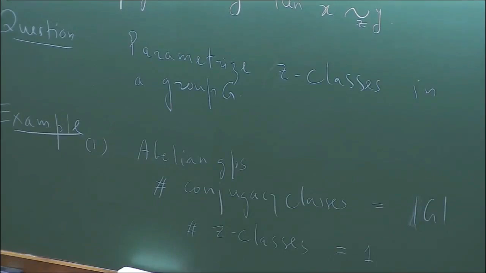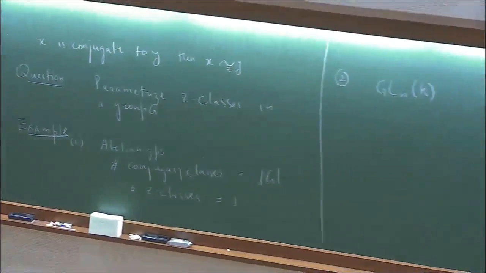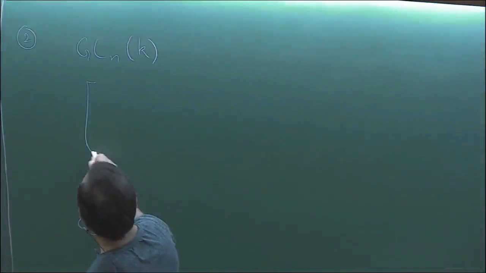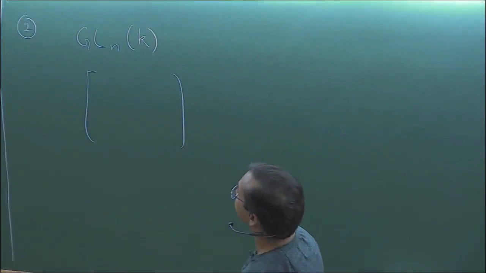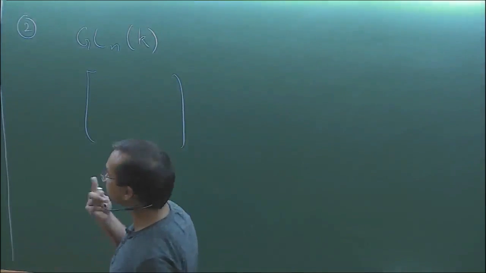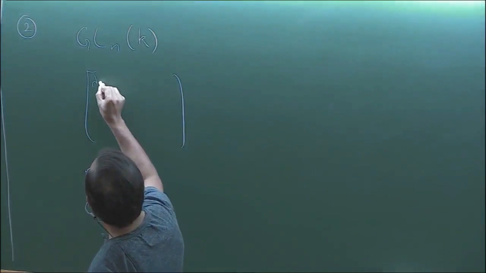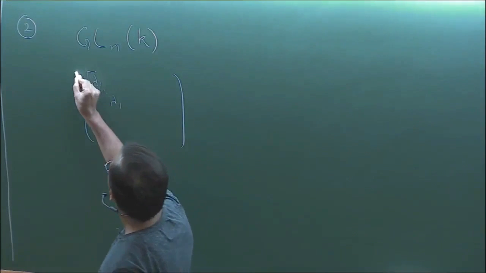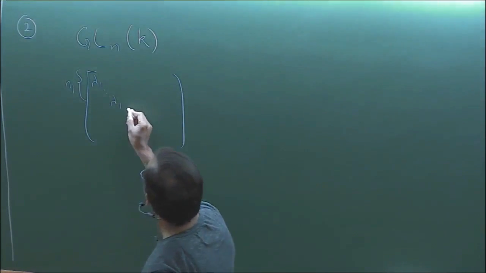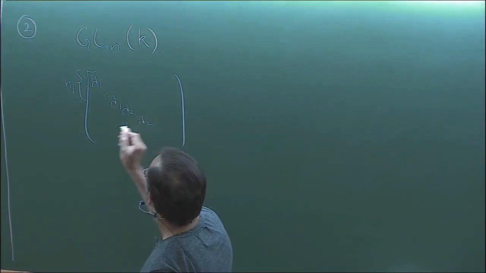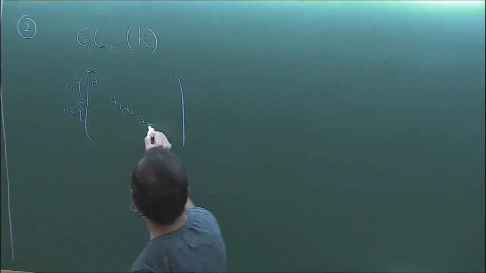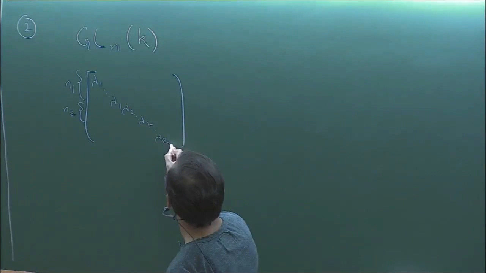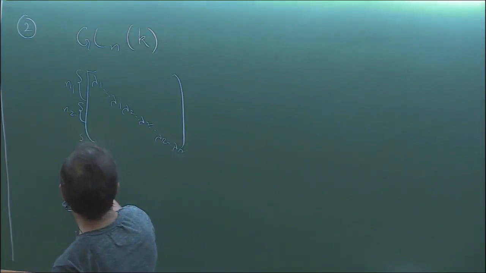Another interesting example to keep in mind: let's look at GL_n(K), and only certain elements here. For example, diagonal elements, which we have already seen earlier in the workshop. Suppose I take this diagonal element with lambda 1 repeated n1 times, lambda 2 repeated n2 times, and so on, and at the end lambda r repeated nr times.